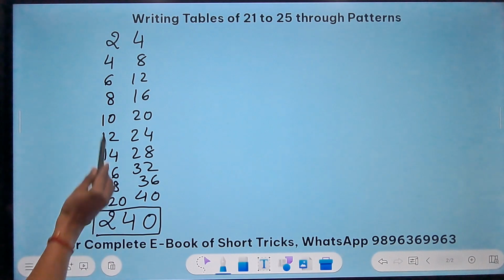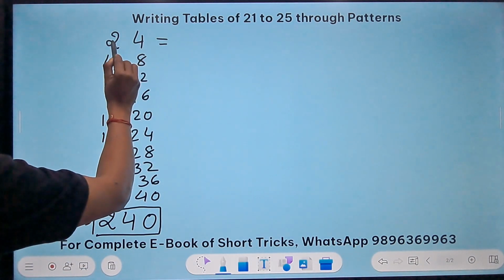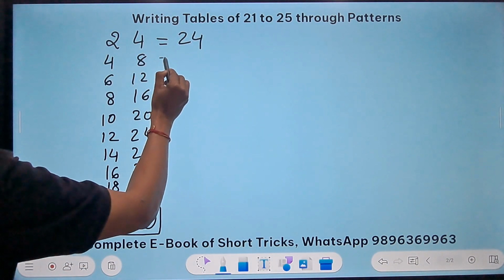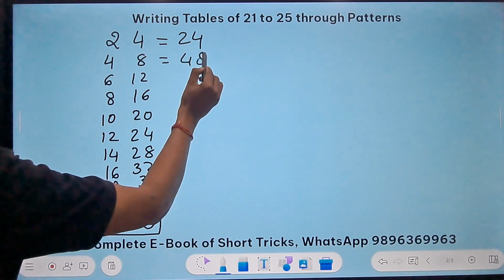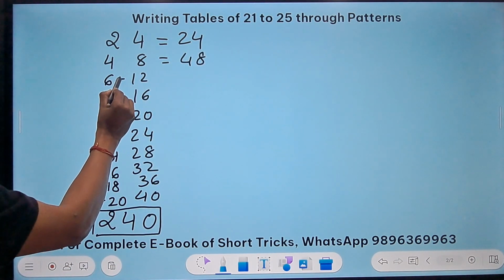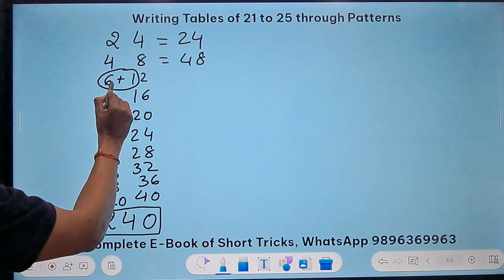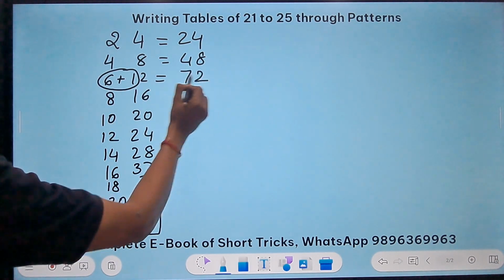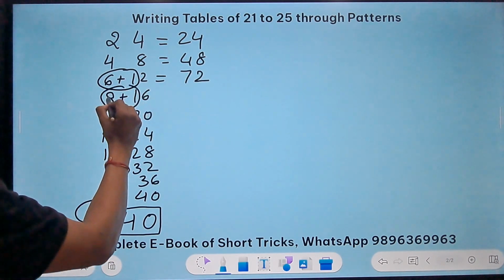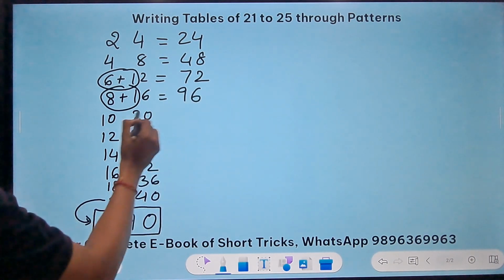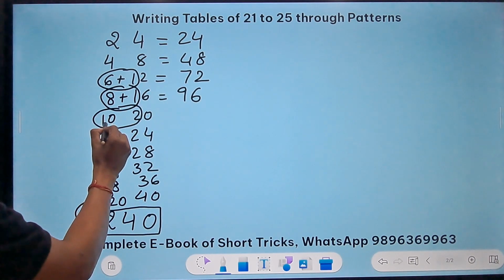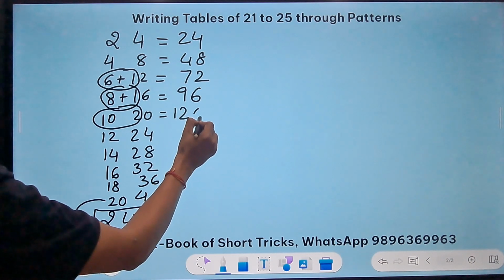Now watch. In case of 2 digits like 2 and 4, this is 24, 4 and 8, it is 48. But in case of 3 digits, just add these two. So you get 7 and a 2. Add these two, you get 9 and a 6. Add these two, you get 10 plus 2, 12 and a 0.